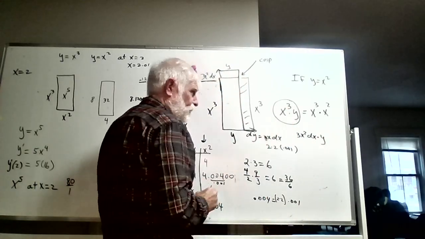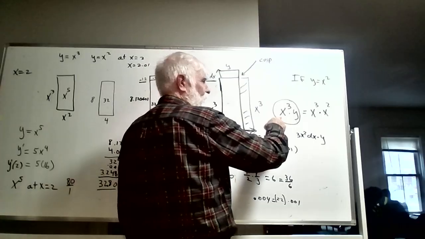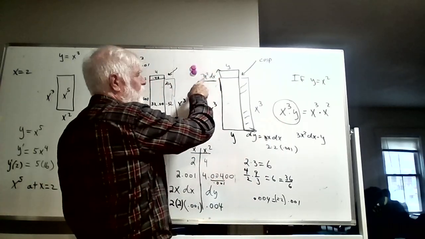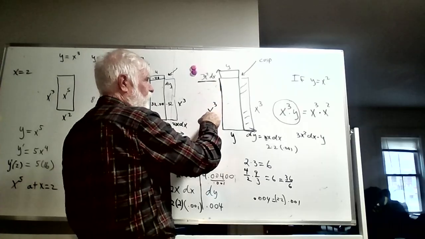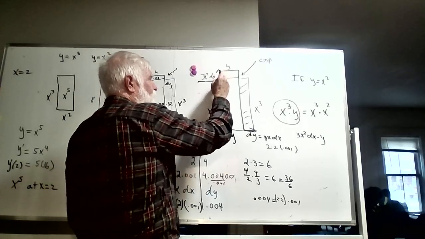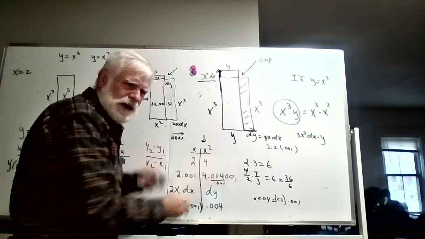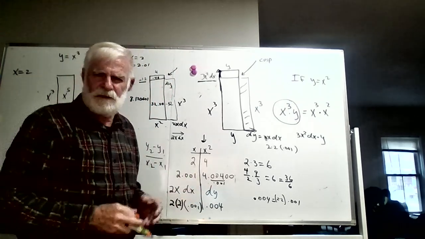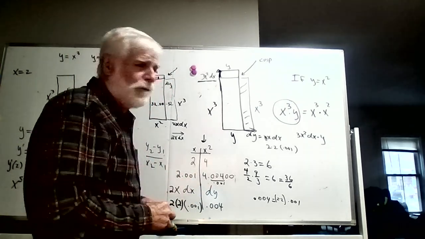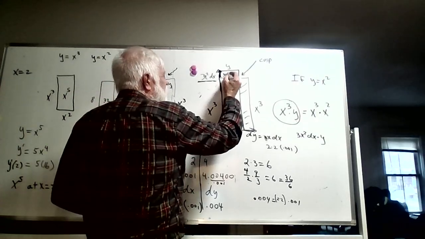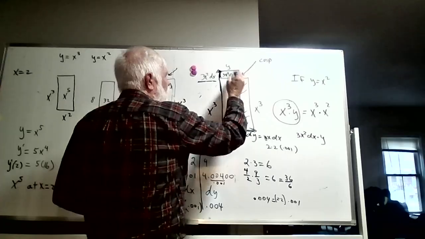This is product rule, but I'm looking at the differentials involved in the cubing process. And I think we can see it here. 3x squared, if this is x cubed, then that length can be represented by 3x squared dx. You might have to look at the numbers again to see those numbers appear. But I think that's really important to see. So this is 3x squared dx y.